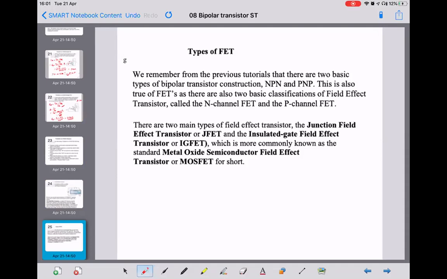There's the junction FET or JFET, and an insulated gate field effect transistor, which is more commonly known as a metal oxide semiconductor field effect transistor. What a mouthful that is. So we use MOSFET for short. Okay. So we'll talk about JFETs and MOSFETs and forget about all those long words.